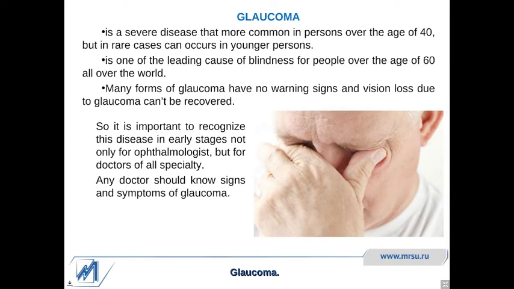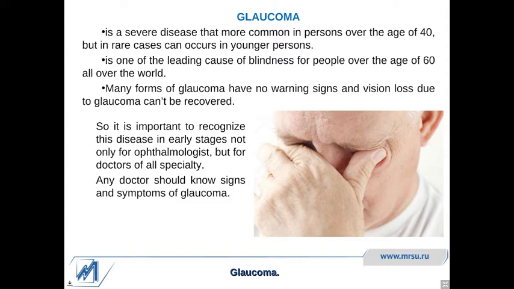But firstly, we need to speak about glaucoma and about clinical signs of this group of diseases. Glaucoma is a severe disease that is more common in persons over the age of 40, but in rare cases can occur in younger persons. It is one of the leading causes of blindness for people over the age of 60 all over the world.